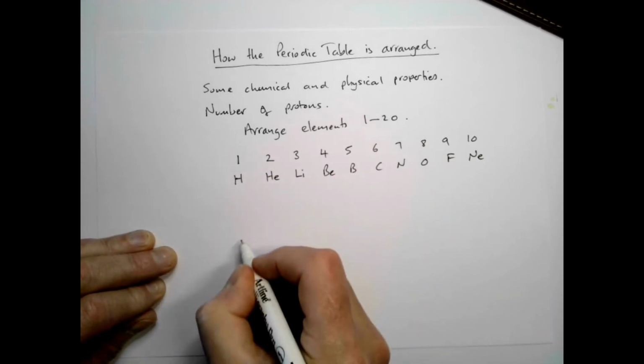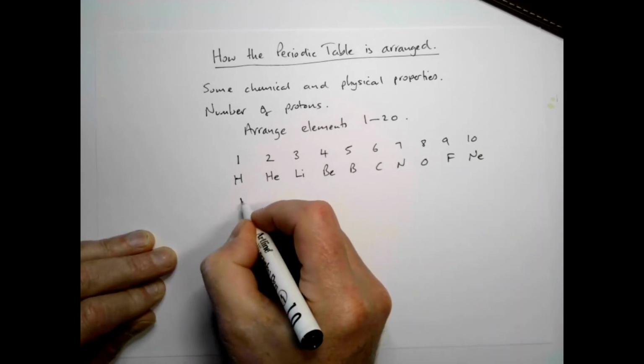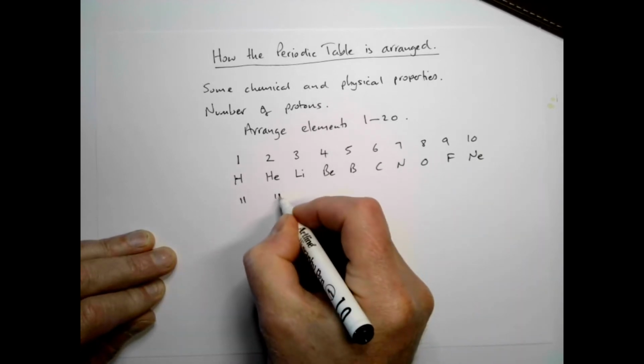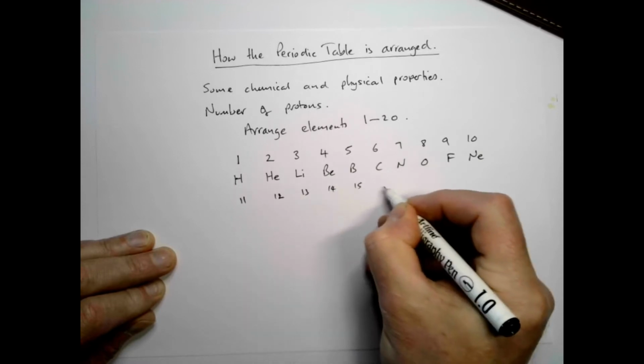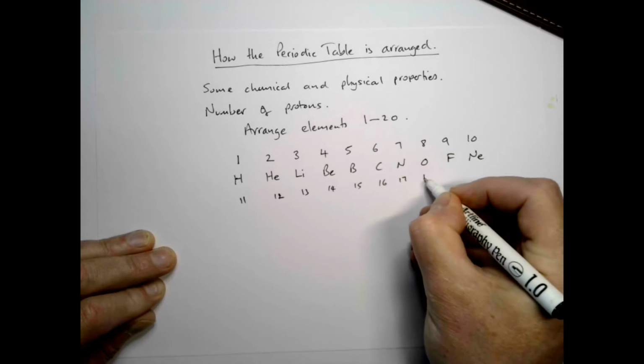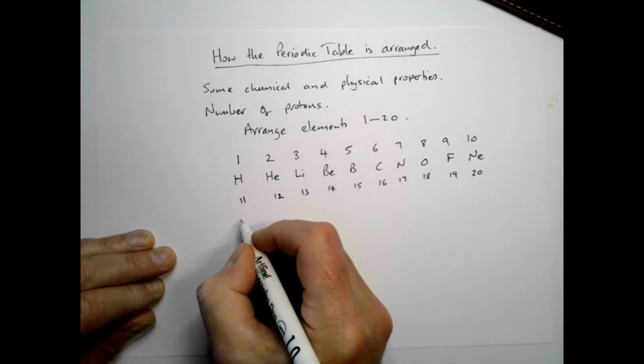So underneath this, I'm going to put elements 11 to 20. So we'll put in the 11, 12, 13, 14, 15, 16, 17, 18, 19, and 20. So let's see, we'll put them in as well.